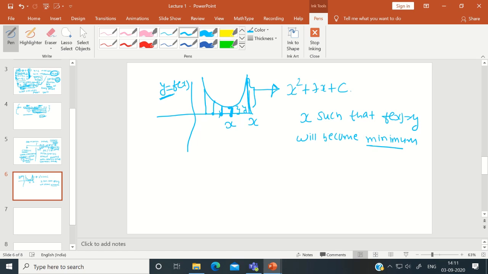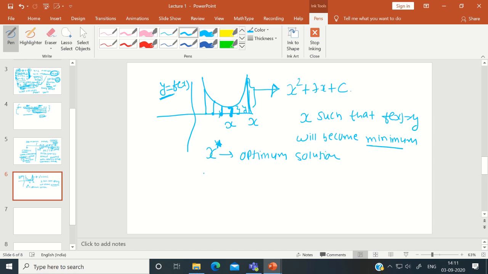Okay. So this x is the best answer for our optimization problem. So as per the rule, this best answer is designated as x star. This is the optimum solution. It is designated as x star.